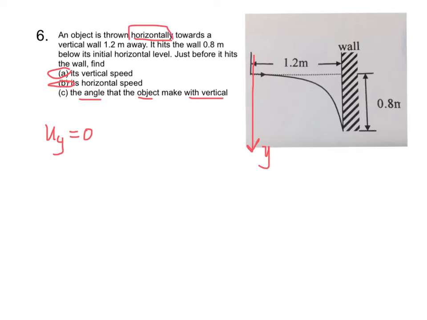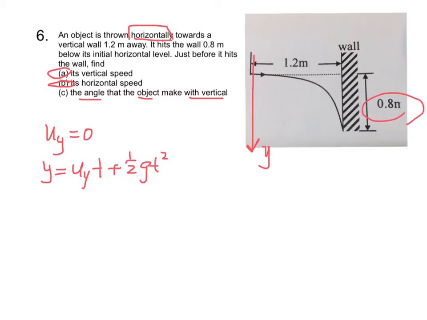Therefore, there is no initial vertical speed. Using the equation y equals uy t plus half g t squared, because it's falling freely, its vertical motion is a free-fall motion.